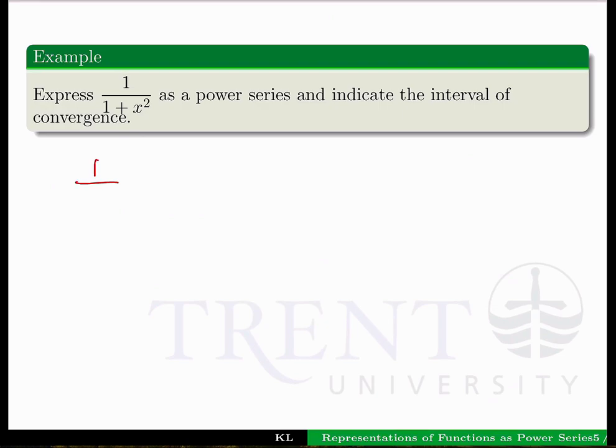Now, 1 over 1 plus x squared, you can write this as 1 over 1 minus negative x squared, correct? The power series that we just learned, 1 over 1 minus x, is the sum of x to the n, from 0 to plus infinity, with absolute value of x less than 1.